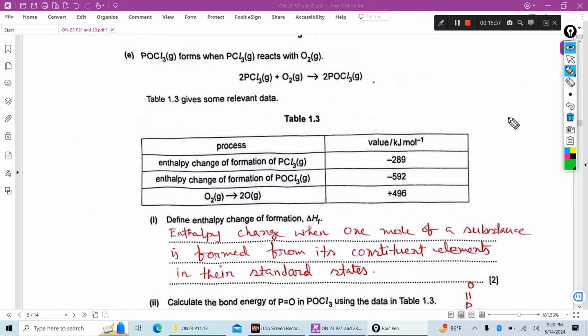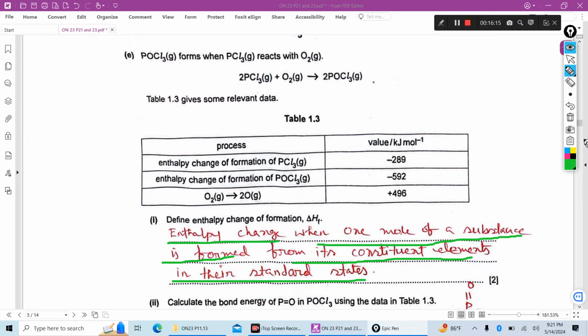Now you are asked number 1, define enthalpy change of formation, delta H f. You know, it is the enthalpy change when 1 mole of a substance or compound is formed from its constituent elements in their standard state.